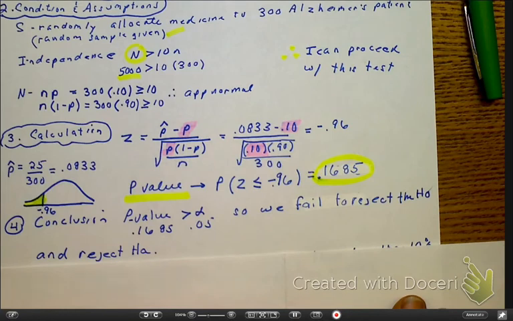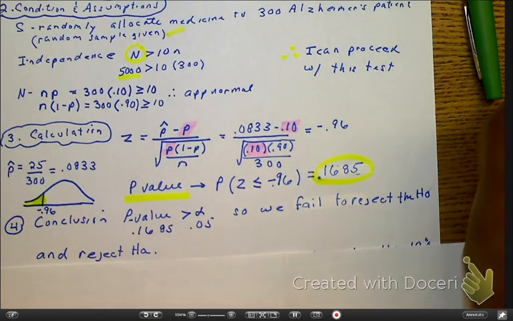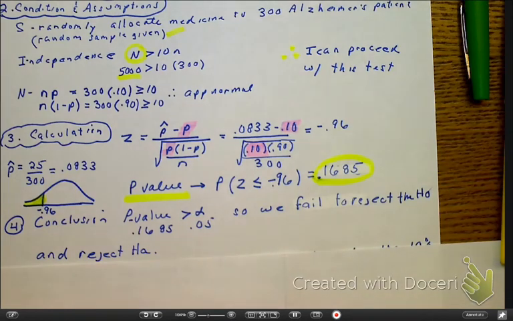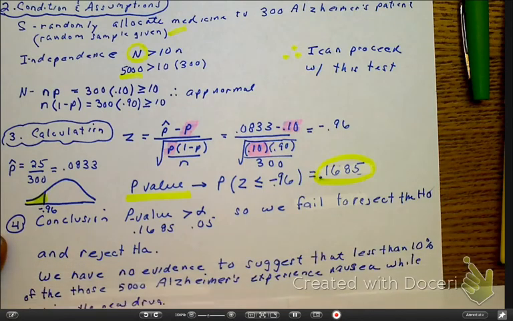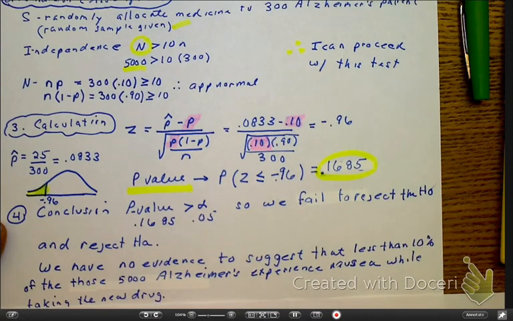So what are we rejecting here? We're rejecting that it's less. We're rejecting that this new medication that claims to decrease the nausea is working. So as I read the final conclusion, we have no evidence to suggest that less than 10% of those 5,000 Alzheimer's patients experienced nausea while taking the new medicine.